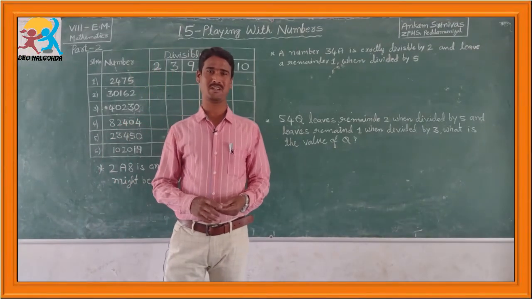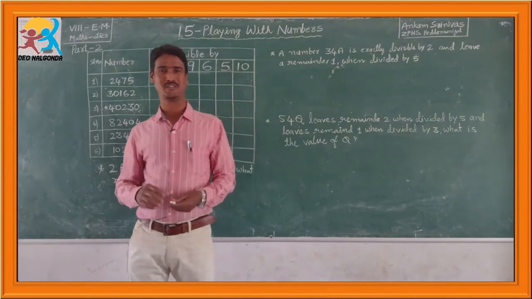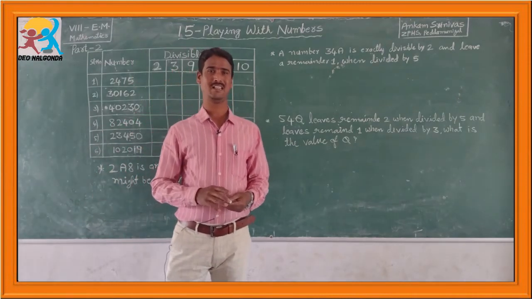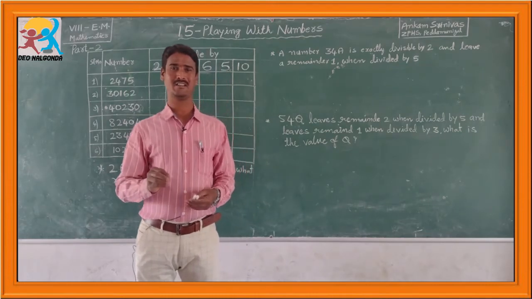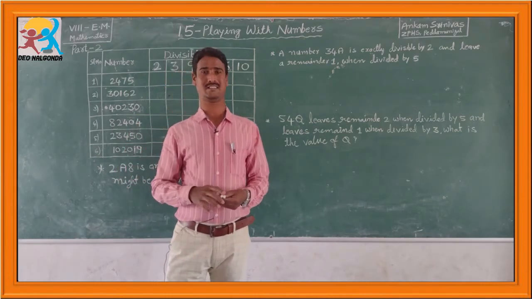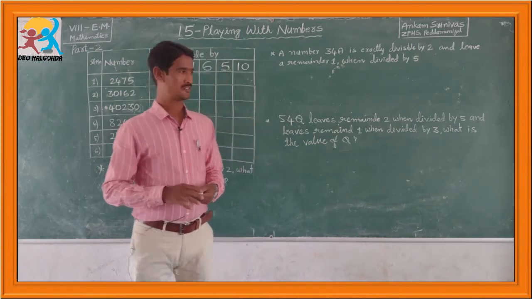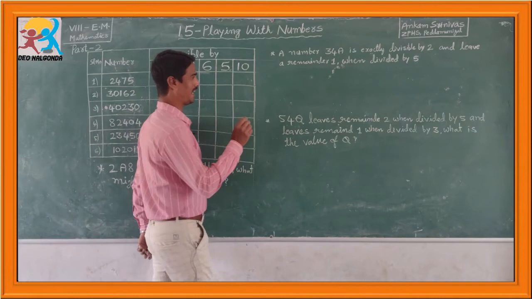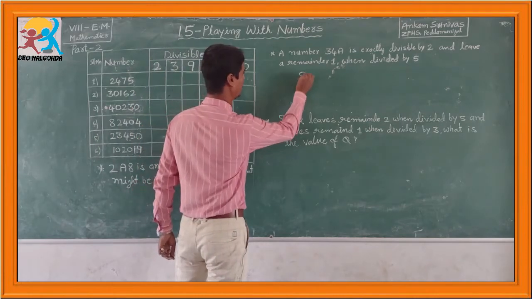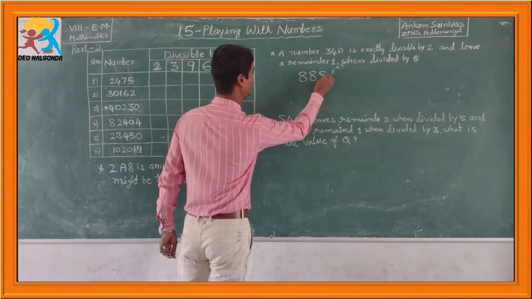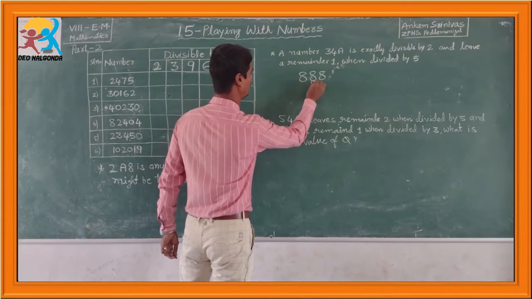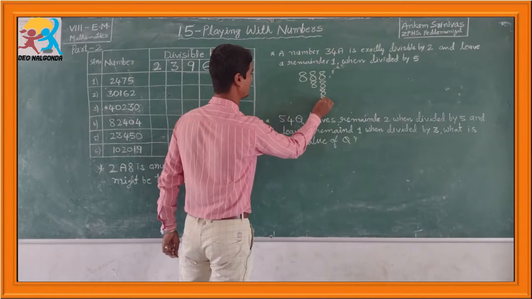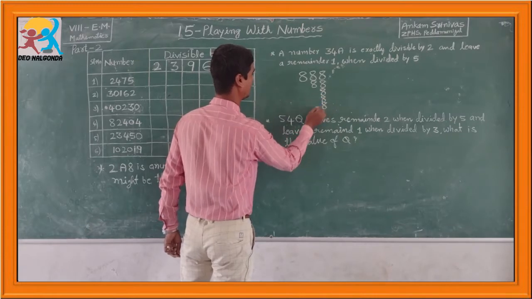In a previous part, I asked one question: using 8 eights, by adding, will you get 1000? I am going to give the answer now. Using 8 eights, 1, 2, 3, 4, 5, 6, 7, 8.